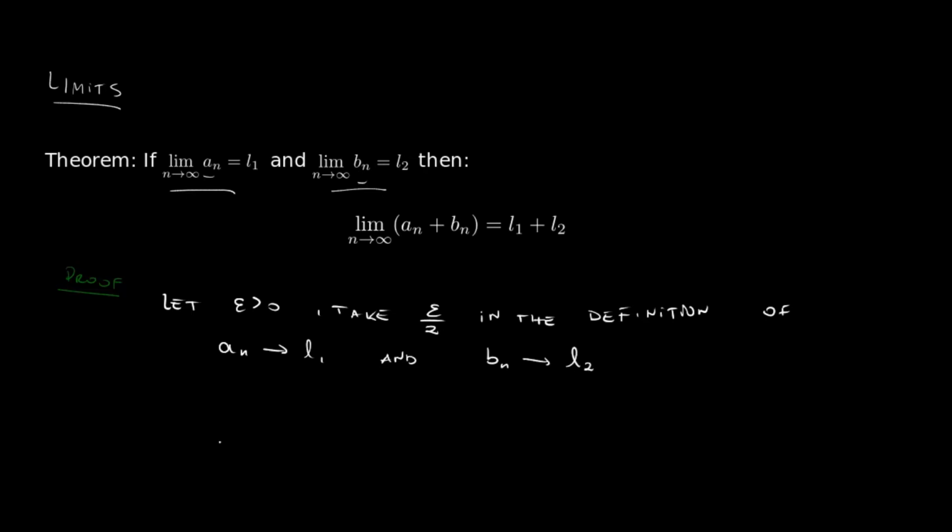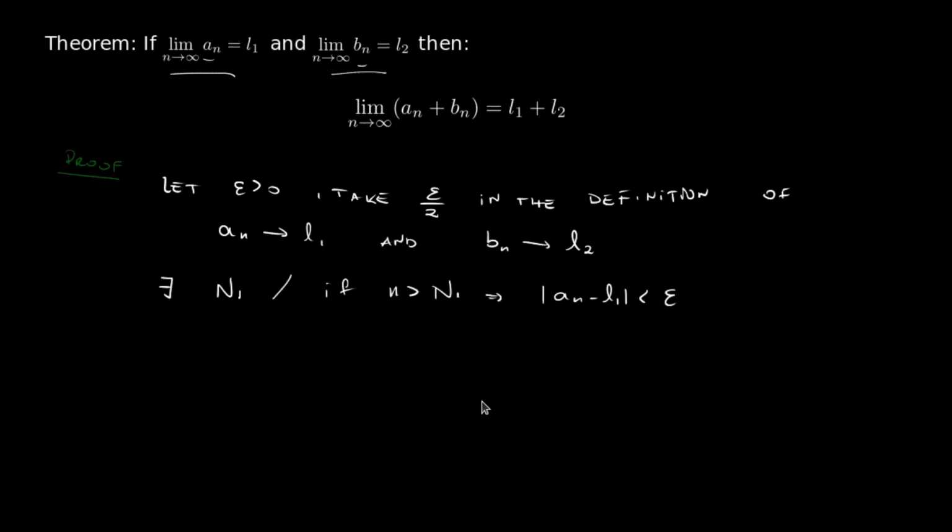What I mean by this is that when we take epsilon over 2, then there exists a number n1 such that if n is greater than this number n1, then the absolute value of a sub n minus L1 is smaller than epsilon over 2. This is the definition of the limit of a sub n.